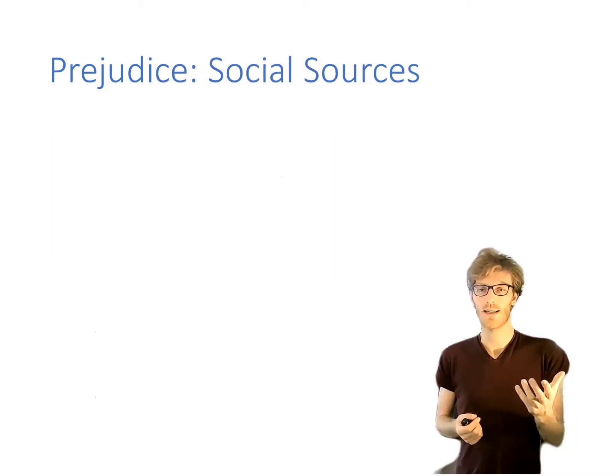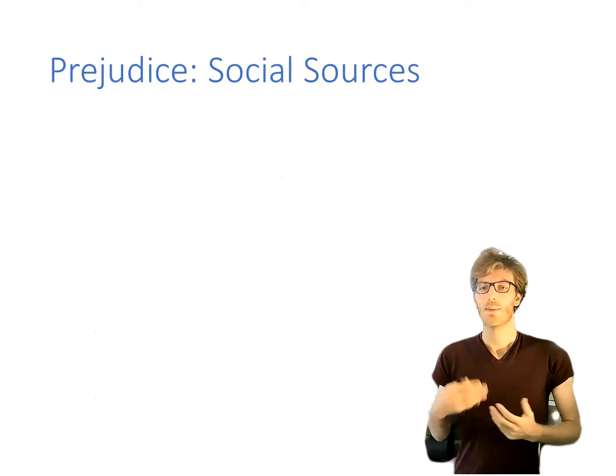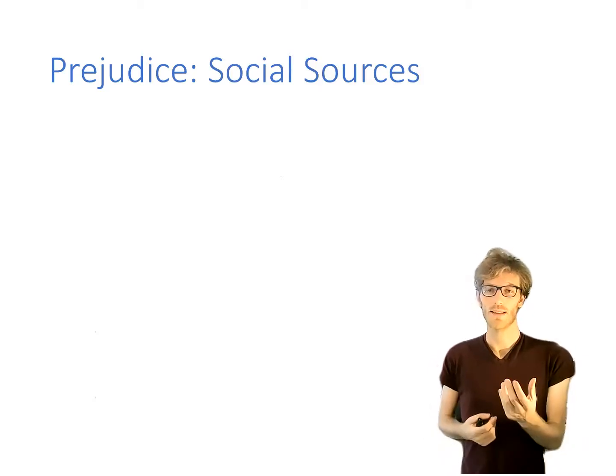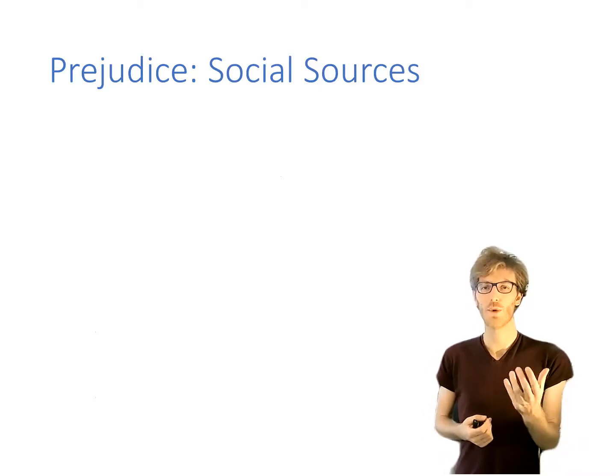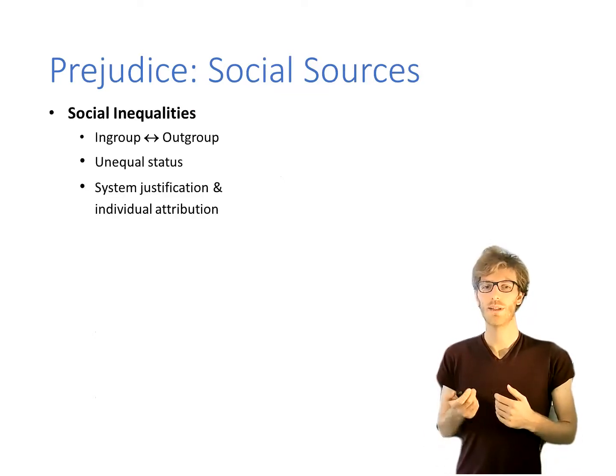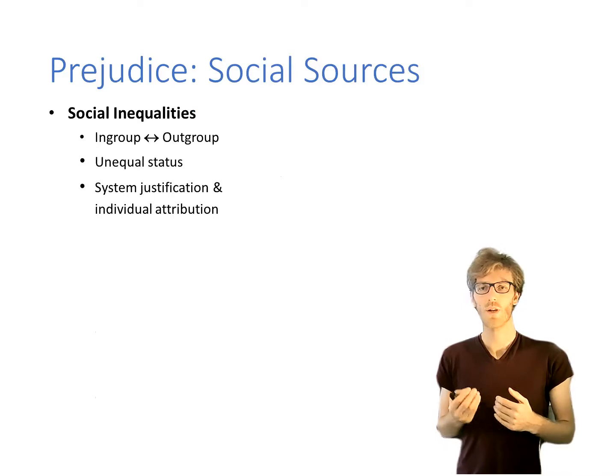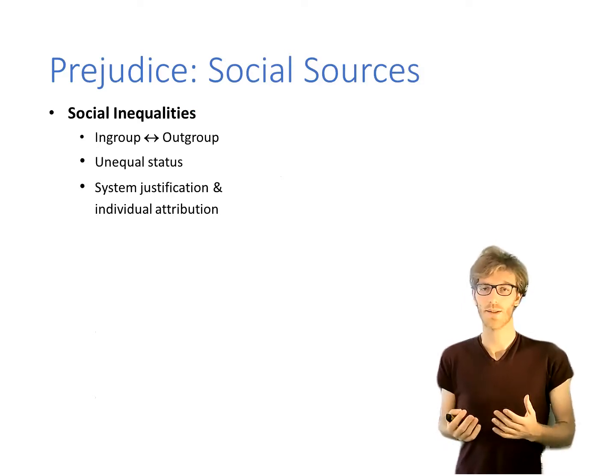And that, of course, is partly a cognitive source, and it's partly a social source, because this cognitive tendency to want to live in a just world comes together with the social reality of highly unequal status between many groups.